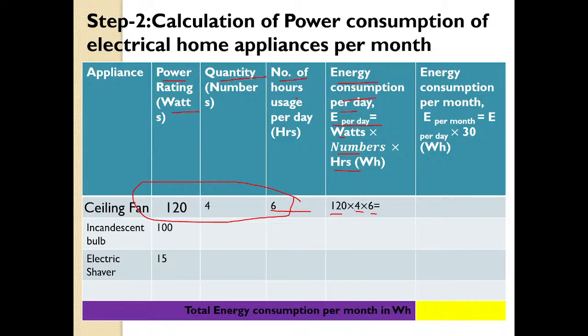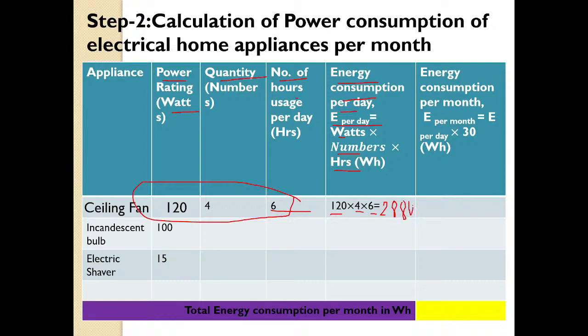So if you multiply this, what do you get? 120 into 4 into 6. It is 2880.